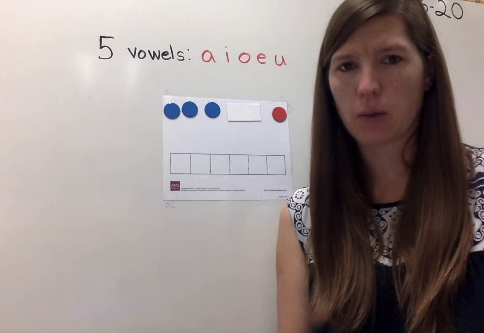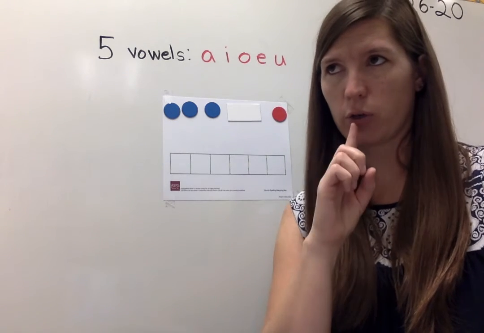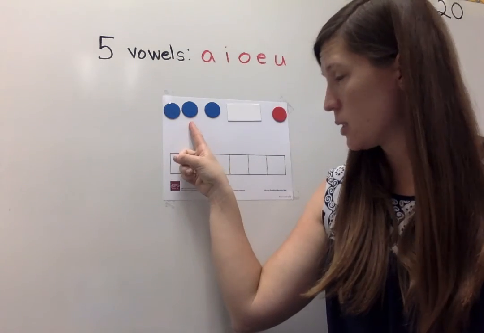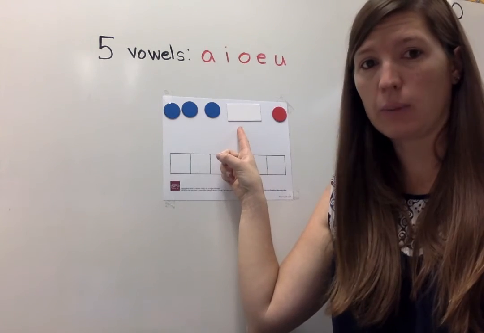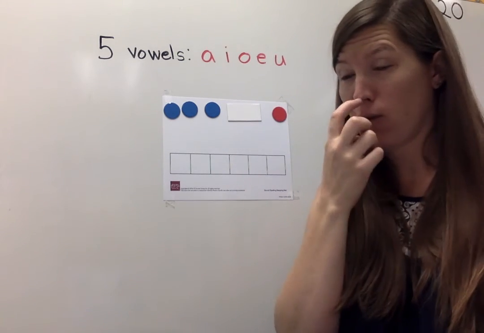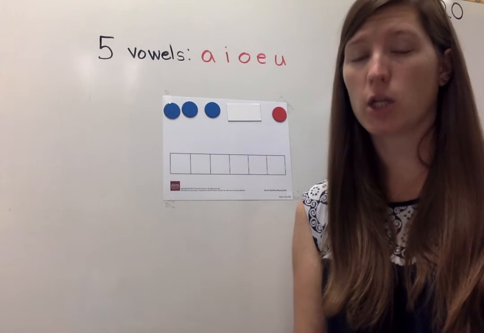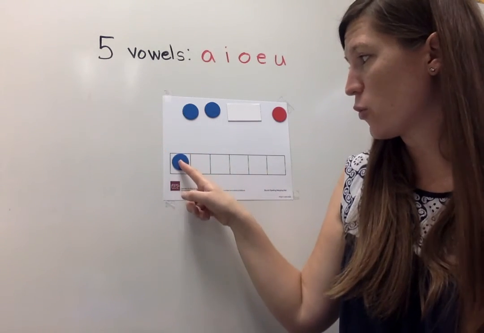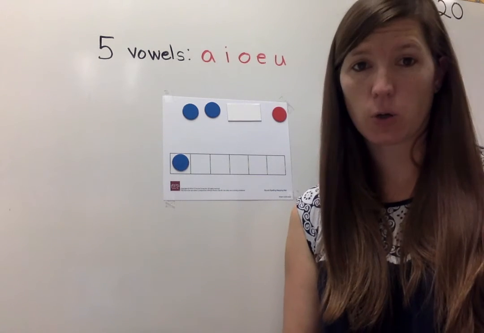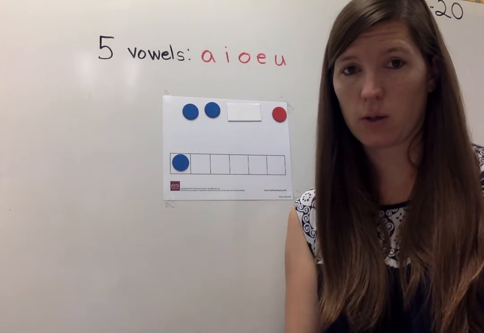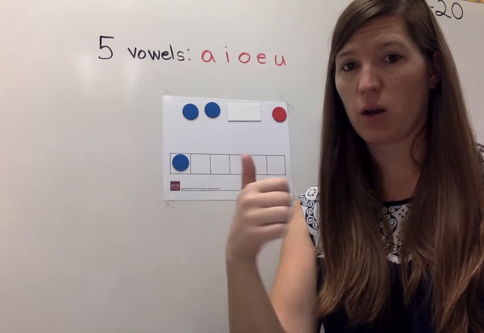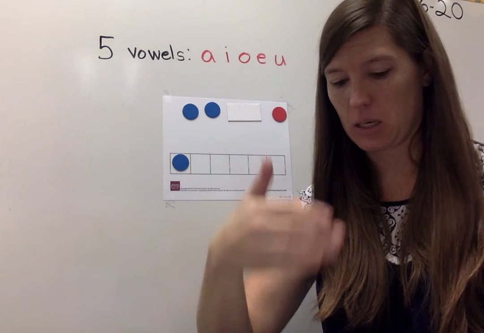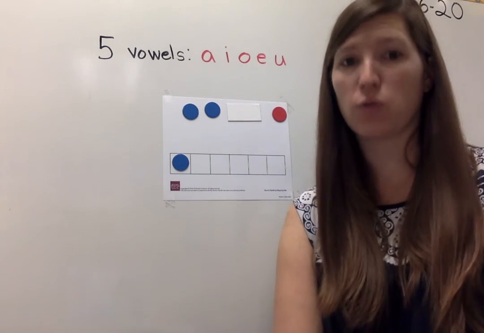Now help me with the chips. What's the first sound? Fan. The first sound that comes out of our mouth. Is that a consonant sound, a phonogram am or an, or is it a vowel sound? Consonant. What color chip do we need for a consonant? Blue. What's the phonogram? The rest of the word. Fan. We've got an. What color chip do I use for the phonogram?